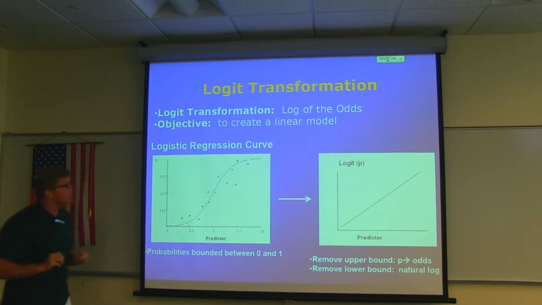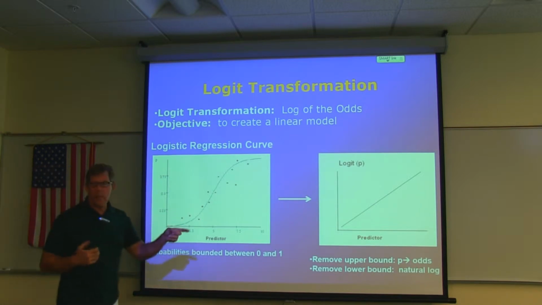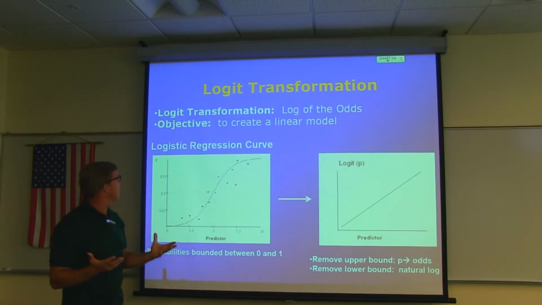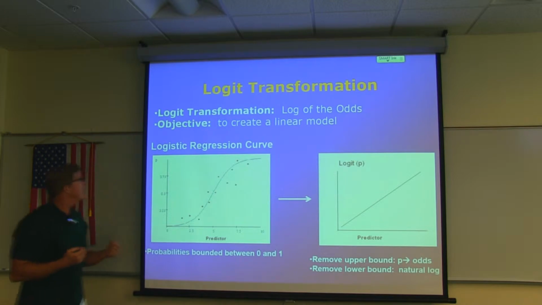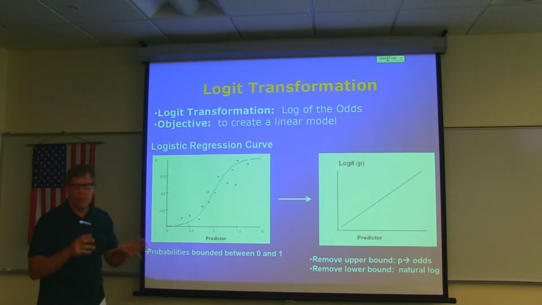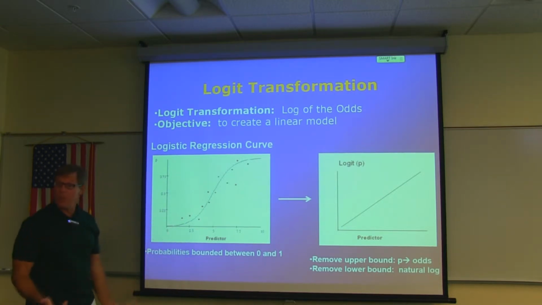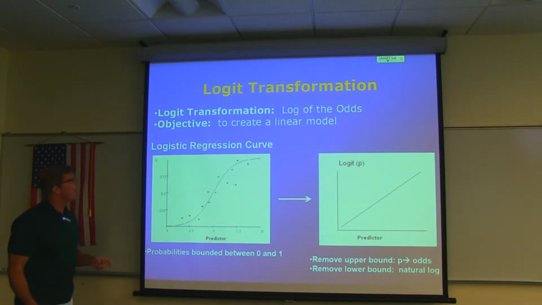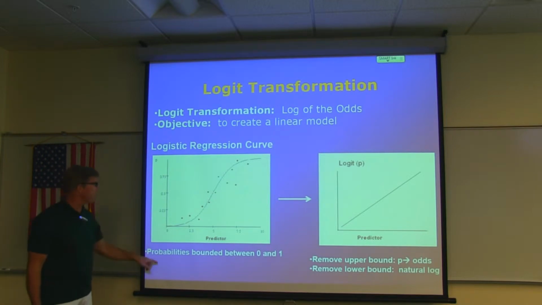But the objective here is to create a linear model, the linear model that we had in multiple regression. Okay? So we're dealing with this logistic regression curve that's actually transformed to something very similar to what we did in just regular, general multiple regression. So the objective is to create a linear model, which it does through this thing called logit transformation. It essentially takes the logarithm of the odds.